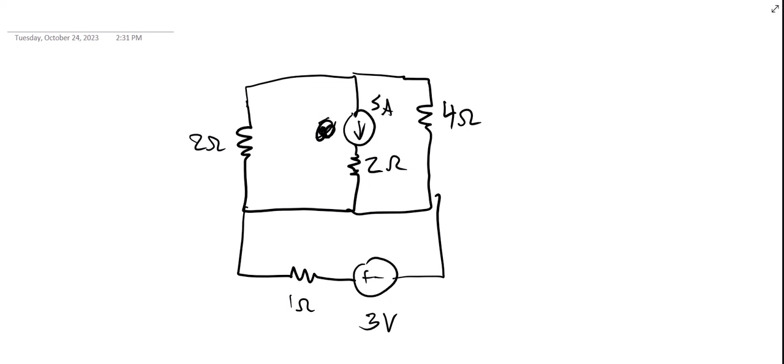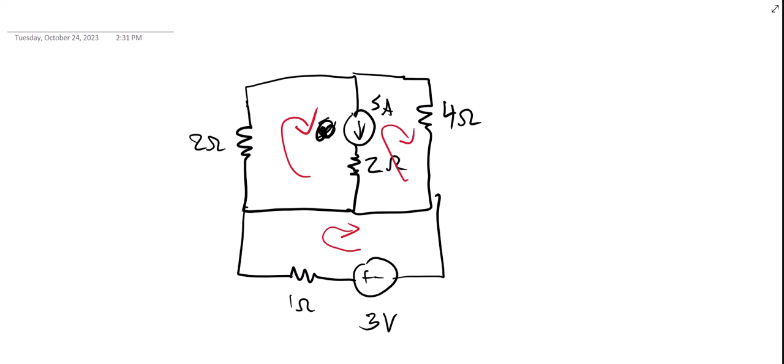Okay, so I have something where it looks like mesh analysis might be useful, and I draw my mesh loops. But you remember that I said current sources aren't particularly useful in mesh analysis. Well, they are if they are being shared by two meshes, and you can have a resistor in there as well. That doesn't affect anything, but then that makes this useful.